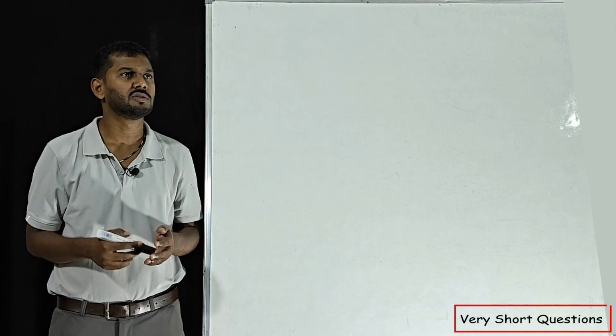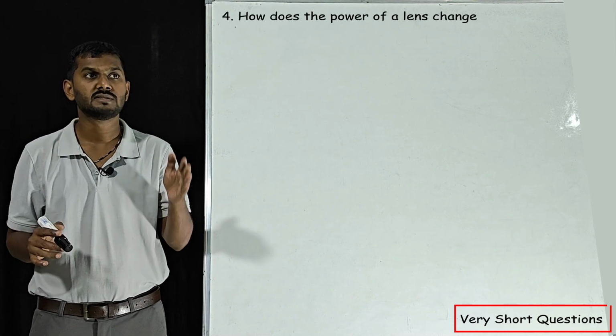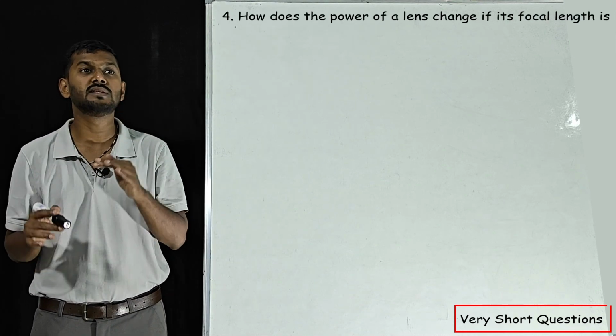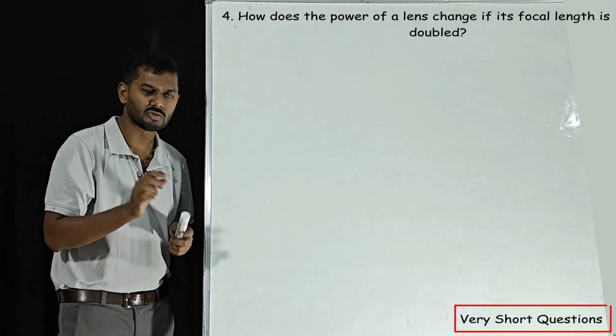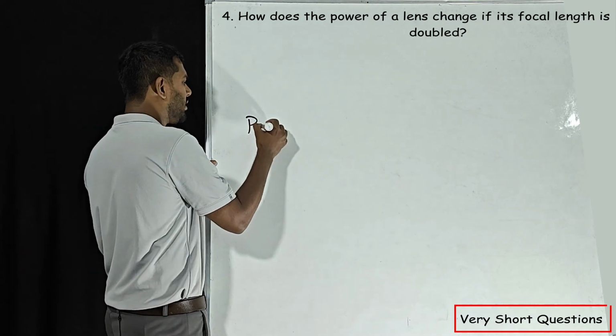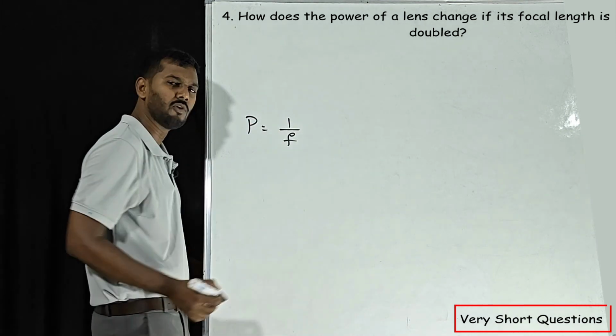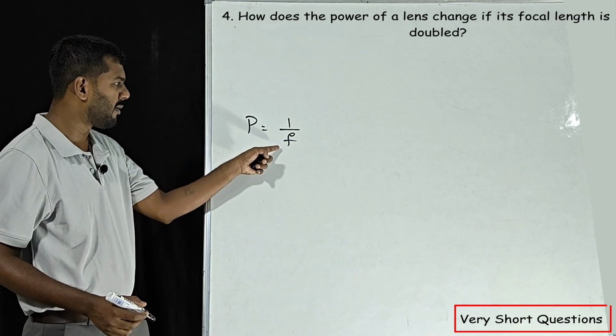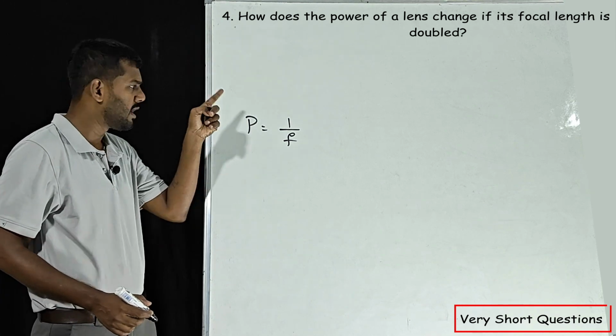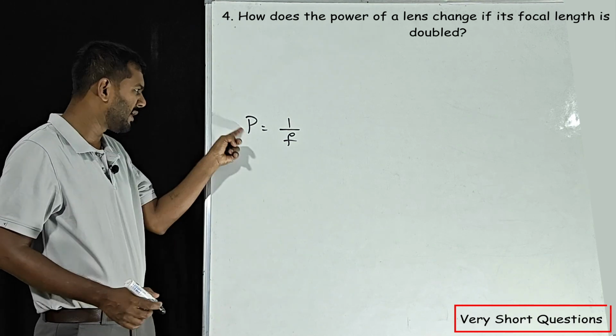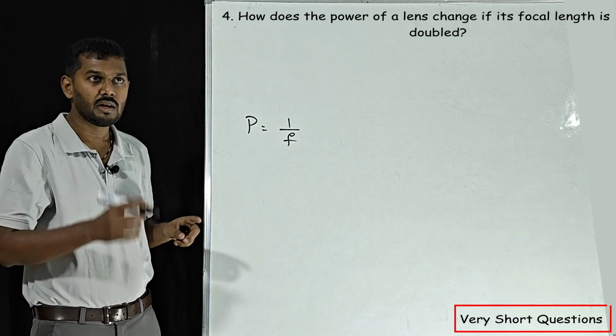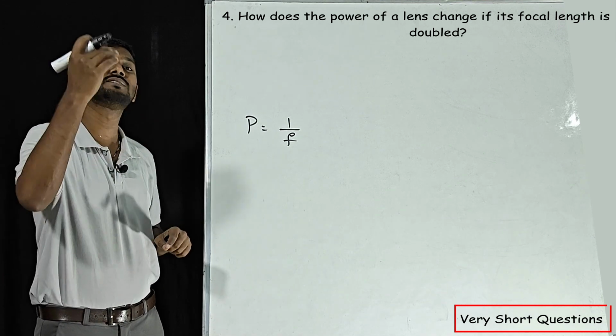That's it. Our next question, how does the power of a lens change if its focal length is doubled? In the previous question we learned that power is inversely proportional to focal length, correct? So if focal length increases, power decreases, correct? Based on the relation we are saying this. Now they are saying focal length is doubled.